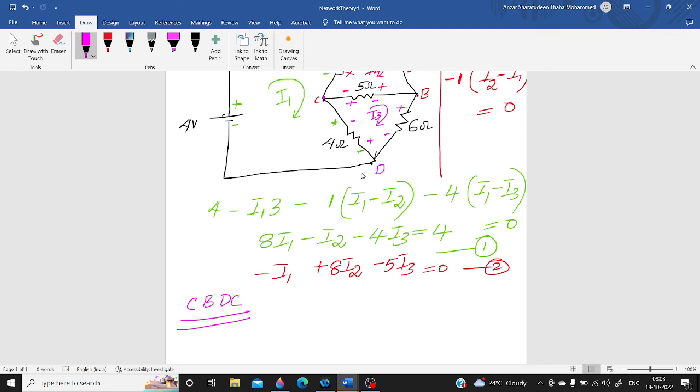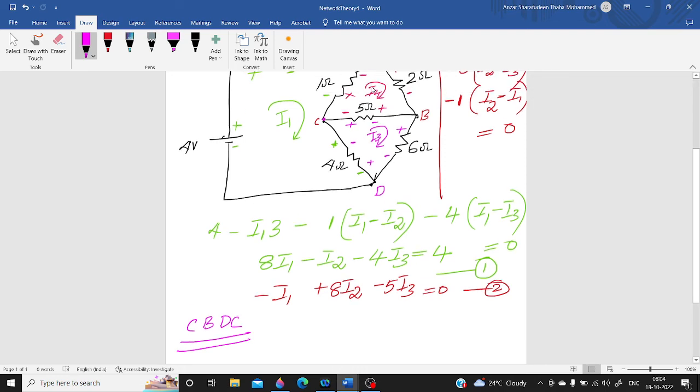So the considering current is I3 and there are two opposite currents. When we are moving along the 5 ohm resistor, the opposite current is I2, so it should be taken as negative. And while moving along the direction of I3, the opposite current in the 4 ohm resistor is I1. So I1 should be taken as negative and I3 should be taken as positive. And that is the only thing we have to consider.